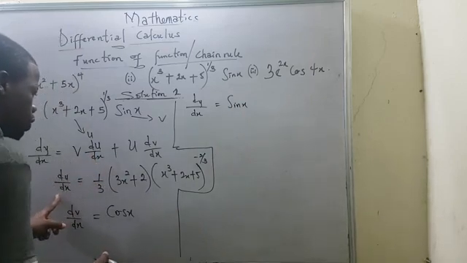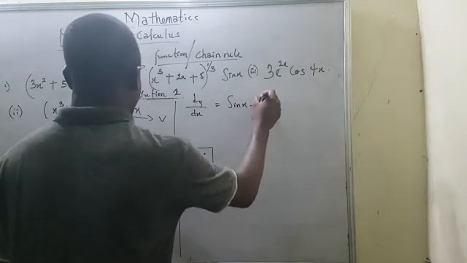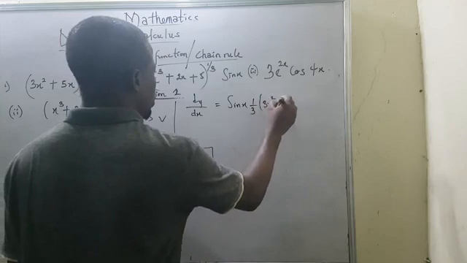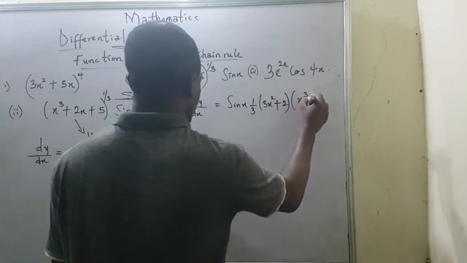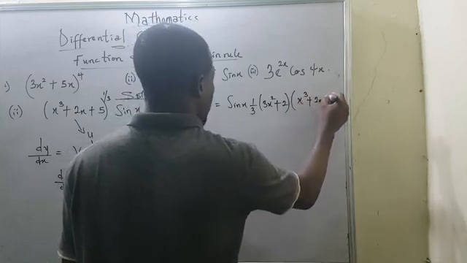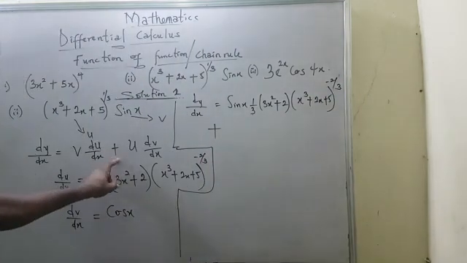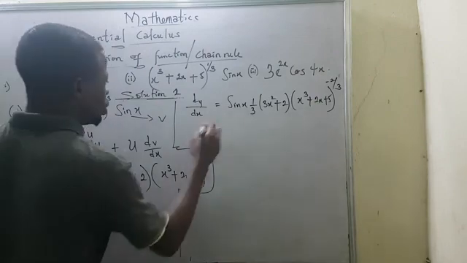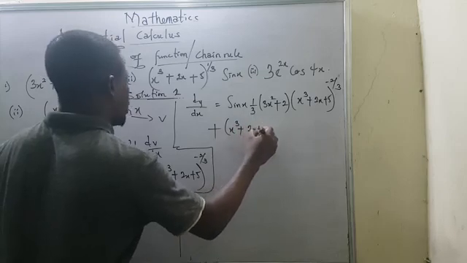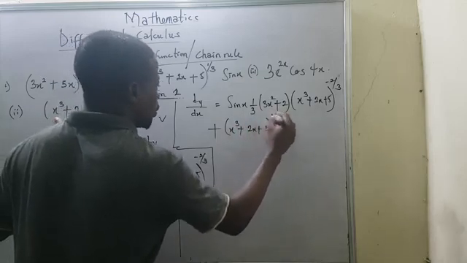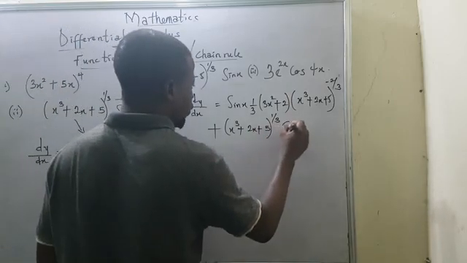When you differentiate this, du is this as 1 over 3, open the bracket, 3x squared plus 2, close this bracket, open this bracket, x cubed plus 2x plus 5 raised to the power minus 2 over 3, then plus u is this, x cubed plus 2x plus 5, all raised to the power 1 over 3, u dv, and you have cos x.